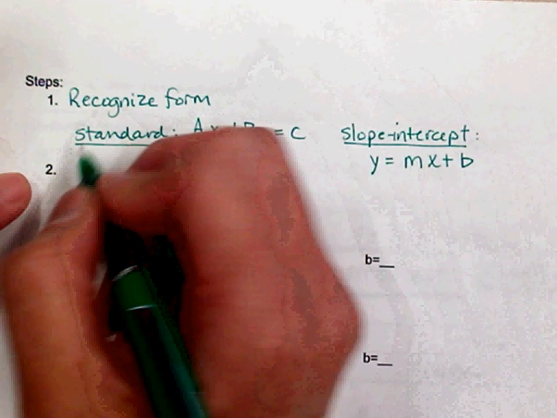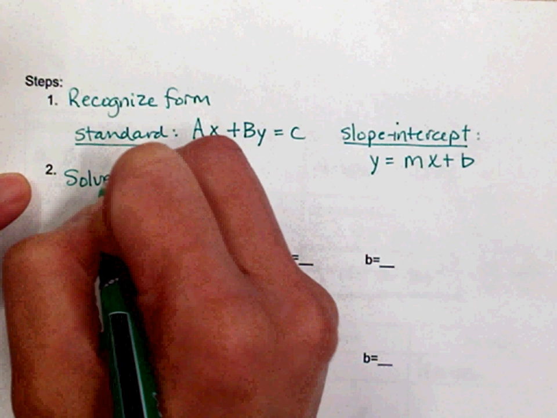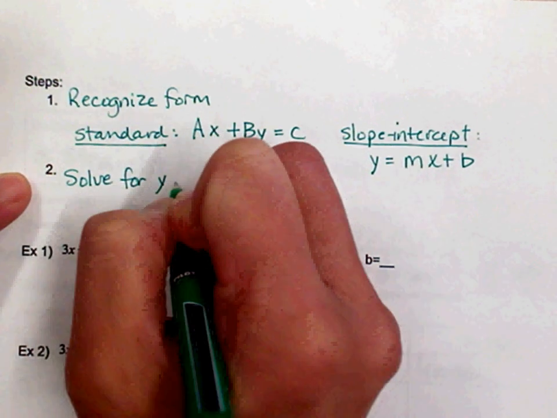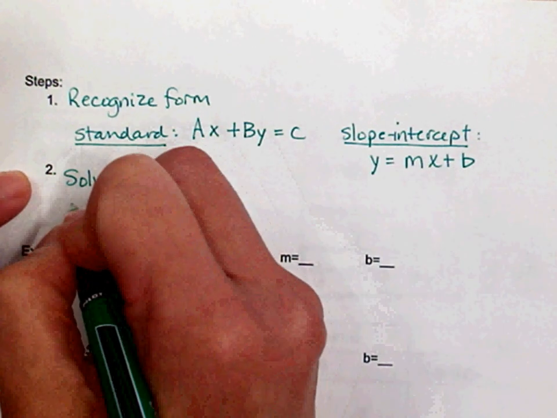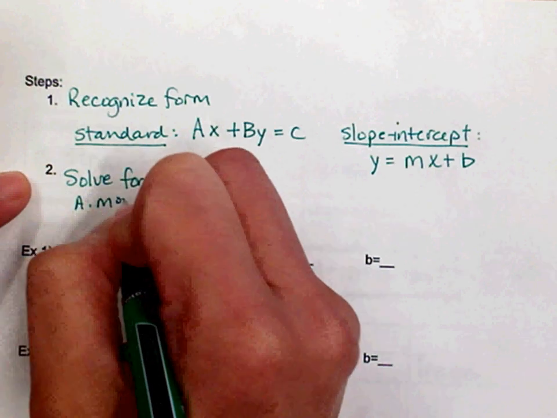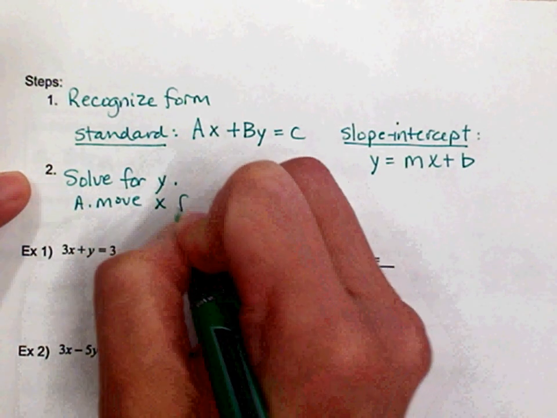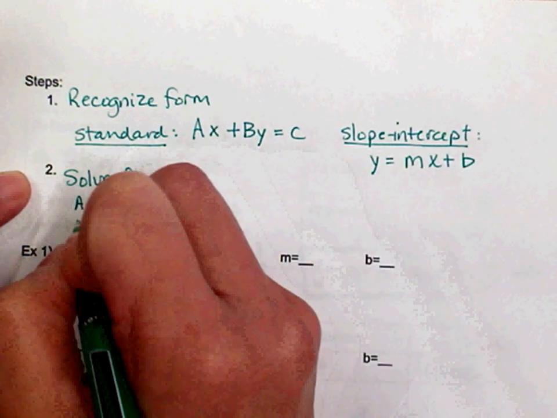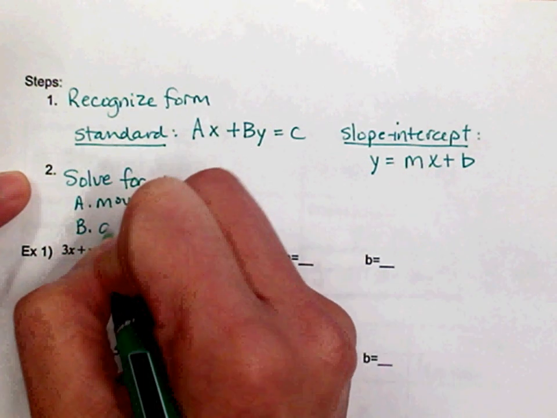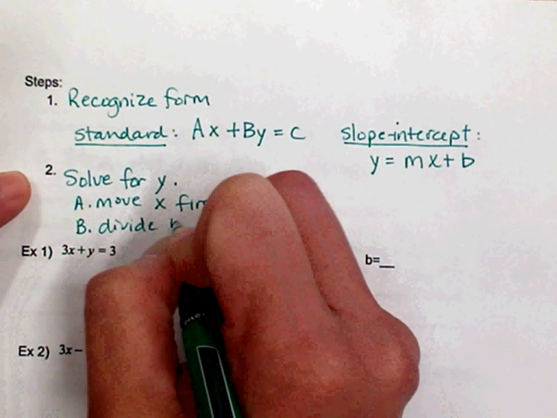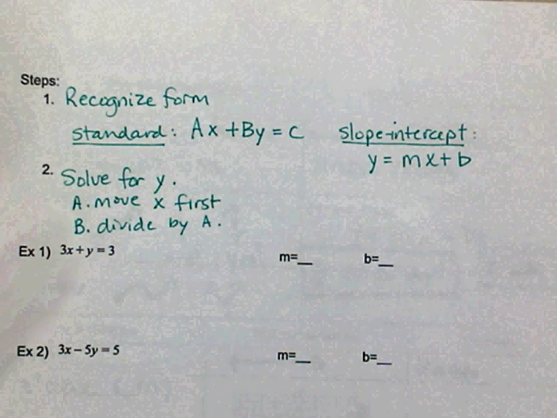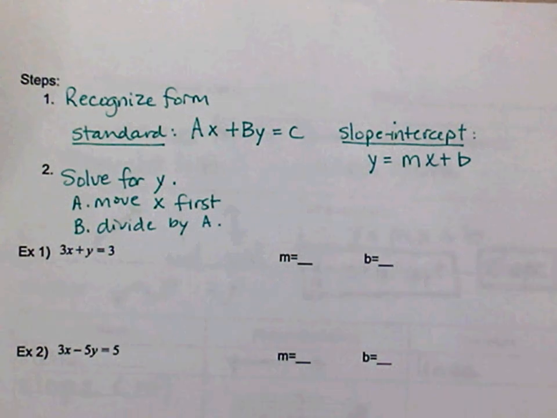So what you want to do is you want to solve for y. And if you can, move the x first. Then divide by the a. Okay? That's probably the easiest way to do it. So now let's take a look at this example.